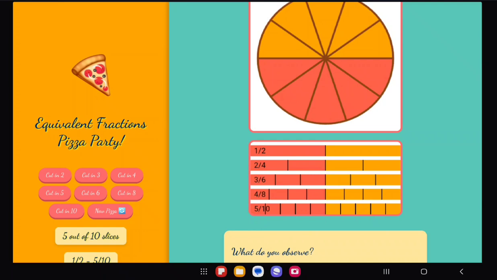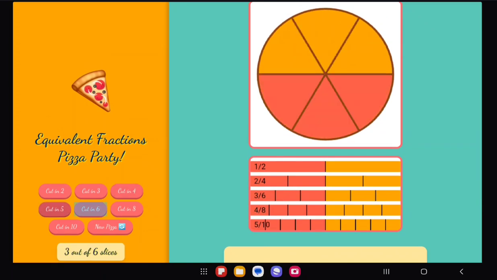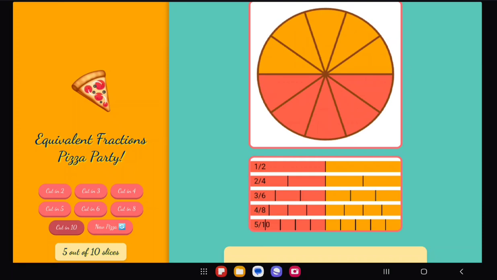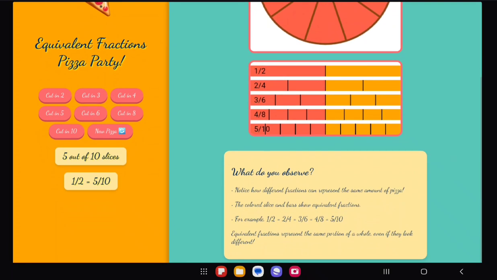These are obviously different fractions, they look different, but all of them represent the exact same piece of pizza. Half, 2 over 4, 3 over 6, 4 over 8 are exactly half of that pizza. So all of these are equivalent fractions. That means those fractions are the same.